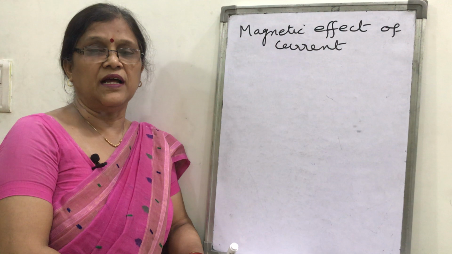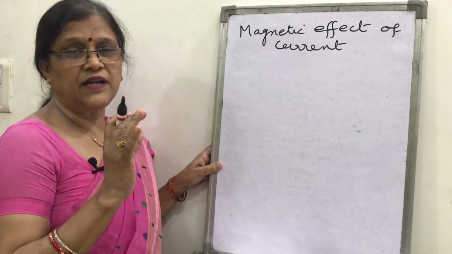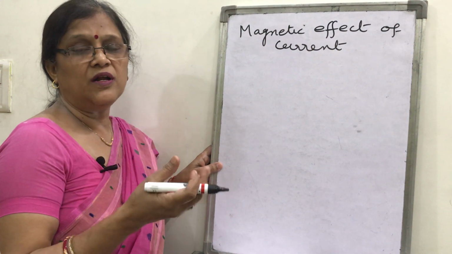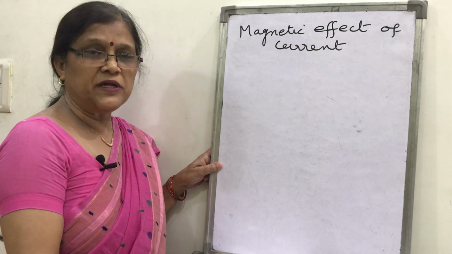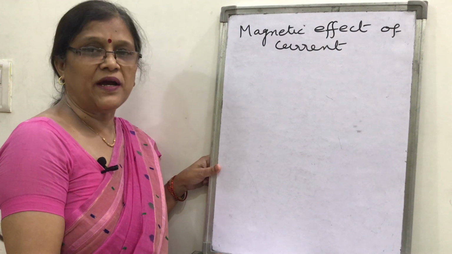So the magnetic field exists due to permanent magnets as well as current carrying conductors, or whenever a charge is in motion. So charge plus motion is the main consideration for the magnetic field.